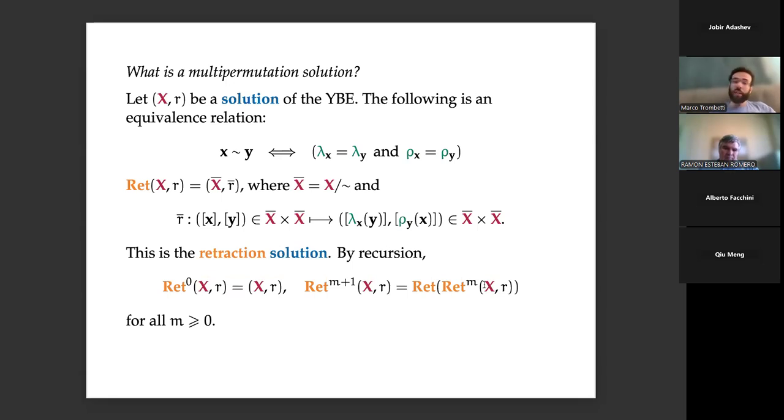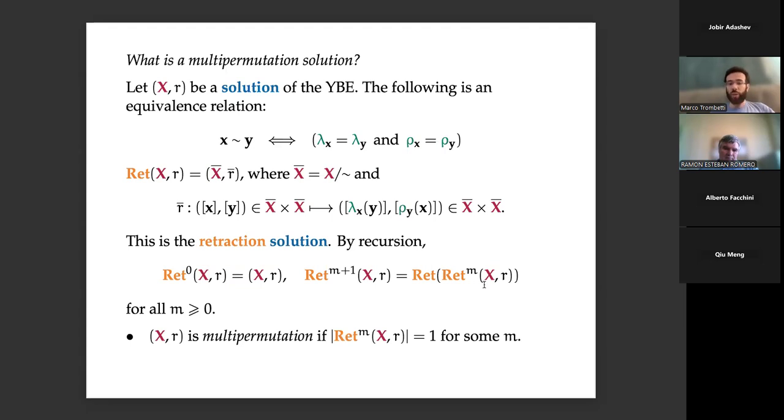And at this point, you say that the solution is multipermutation if at some point, after doing a lot of these retractions, but finitely many, you get just a solution with one element, which is one of the most basic solutions that you get. And of course, the solution with one element can only be, in some sense, the flip, but of course, there is just one element, so you are not really flipping anything here properly, but it's just the solution. Okay, so those are the multipermutation solutions.